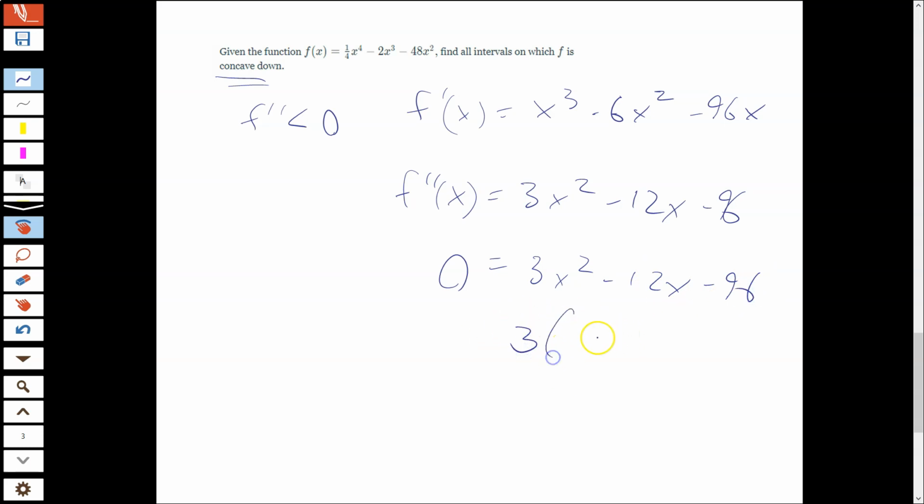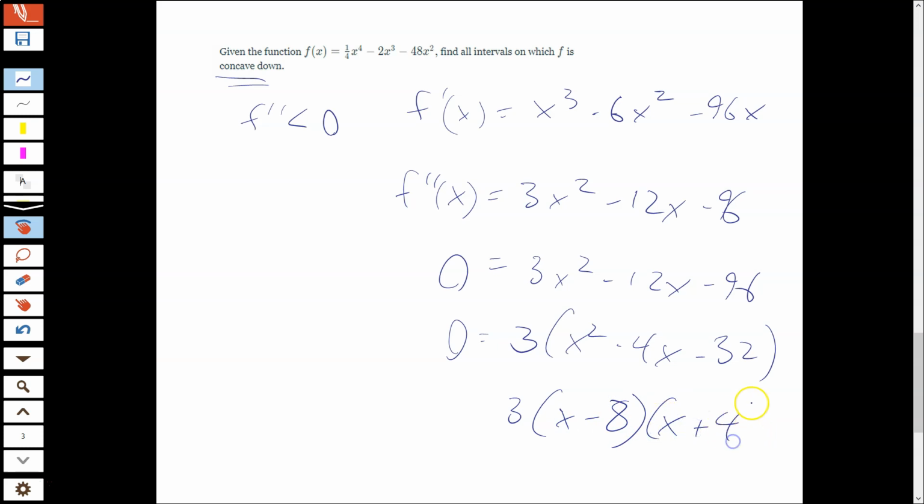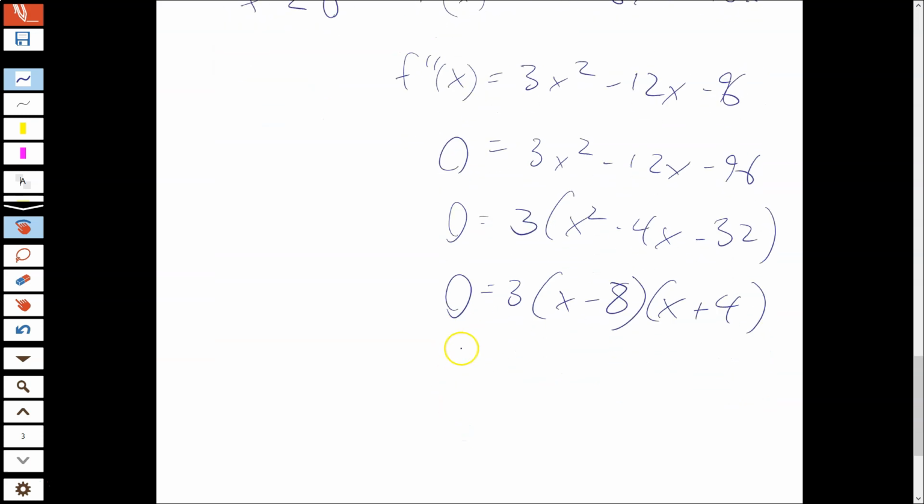So I'll get x squared minus 4x minus, what does that give me, 32. Then I'll continue to factor. I think many of you can do it this fast. Feel free to pause if I'm doing the algebra too fast though. So there's my factored form.